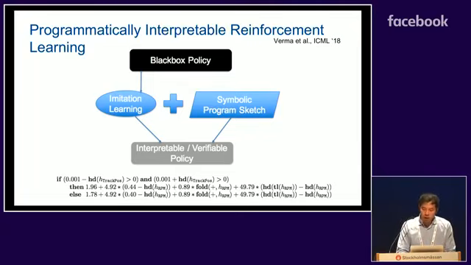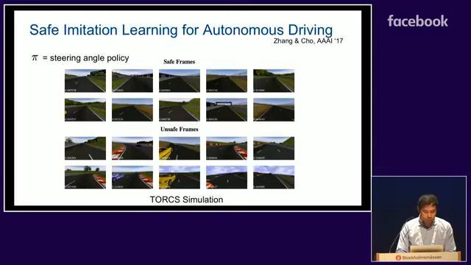The result is an interpretable policy on top of a good imitation performance. For example, one can be viewed as a series of if-then-else statements which can be used to verify and guarantee correctness of the policy. And quickly, what if we want to have safe training and good imitation together?